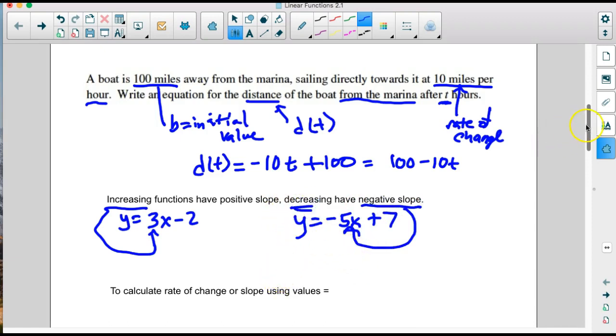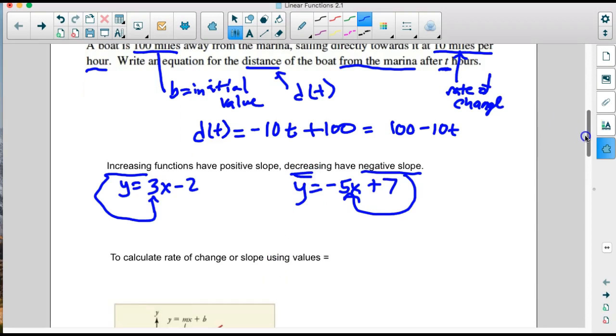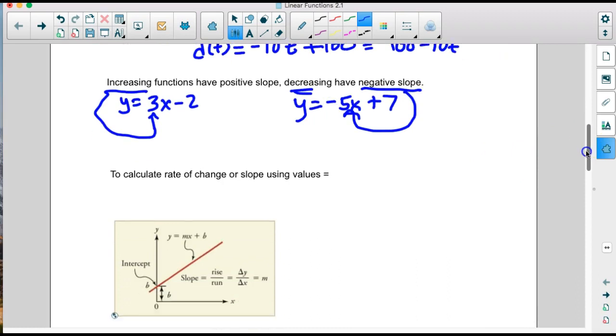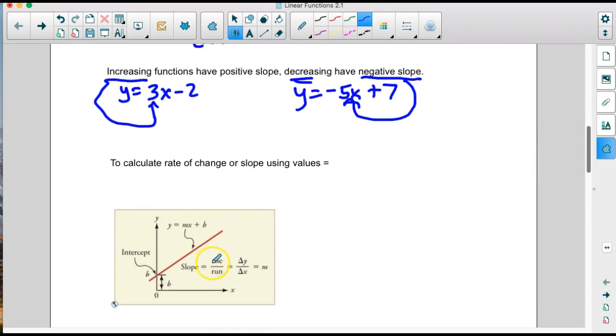Okay, now to calculate the slopes we have another equation. Now in this picture you can see that there's a slope here. The slope is going to be considered the rise over the run, so we're going to take some value on the graph. We're going to figure out its rise, and then we're going to calculate its run, and we're going to write that ratio as our slope.